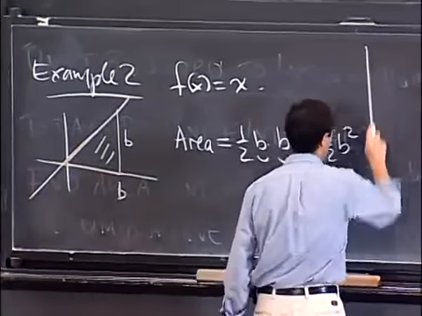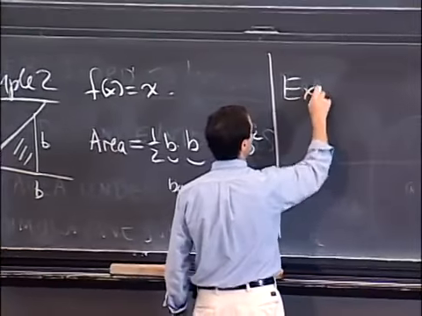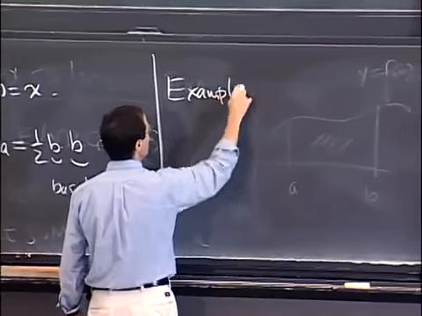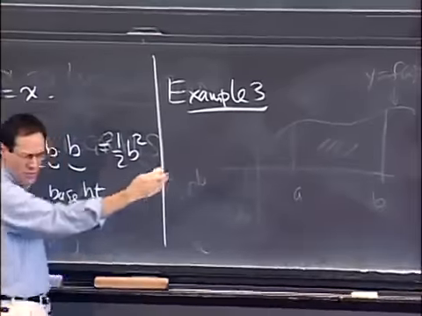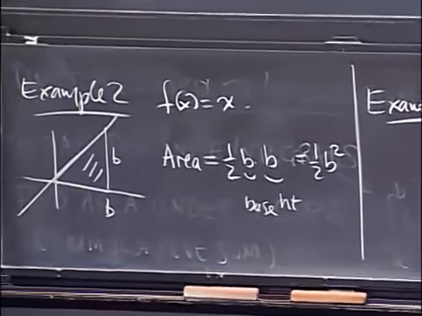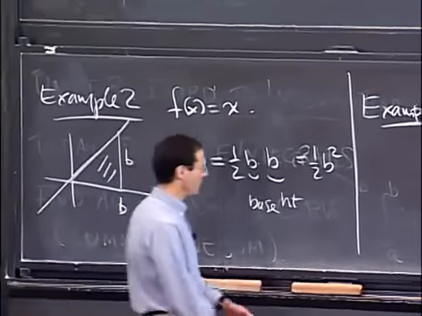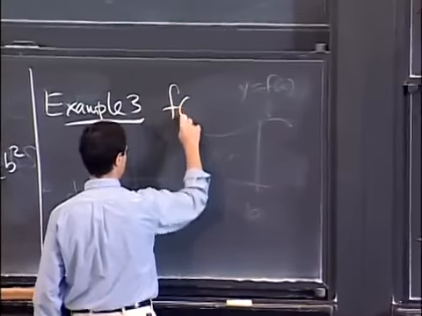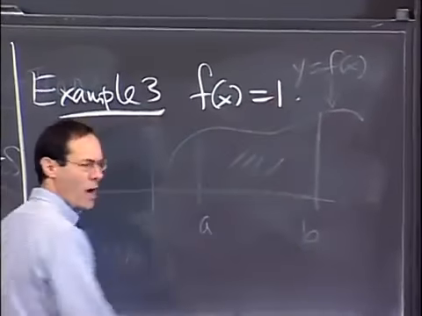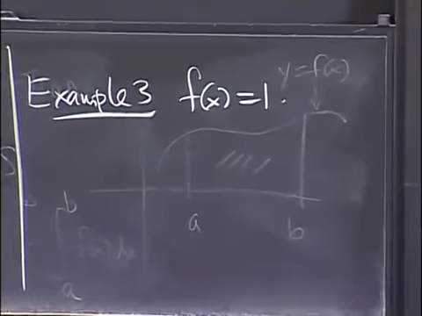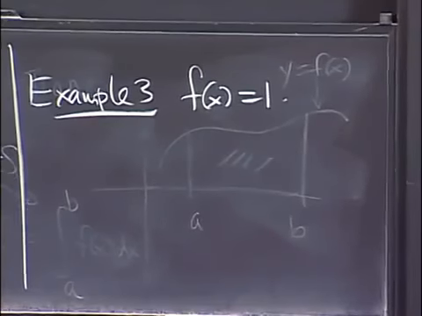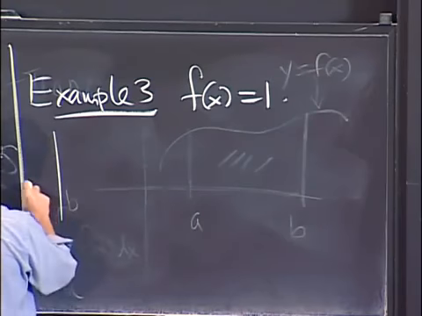And notice, by the way, I didn't have to do this elaborate summing to do that because we happen to know this area. The third example is going to be even easier. f of x is equal to 1, by far the most important example. Remarkably, when you get to 18.02 in multivariable calculus, you will forget this calculation somehow. And I don't know why, but it happens to everybody.